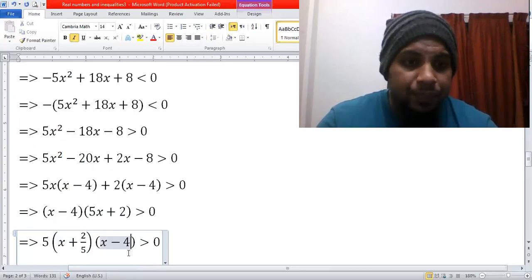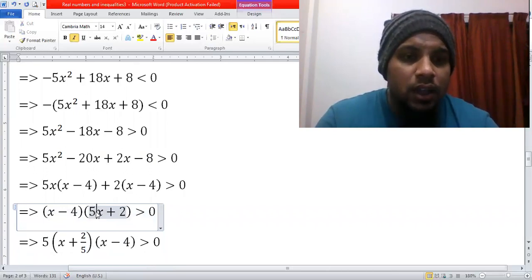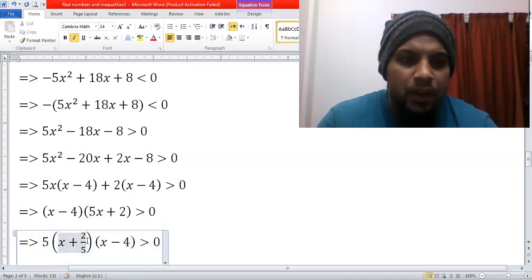And in our previous problem we also said that we cannot keep the coefficient of the variable. That's why we take 5 as a common factor, here x, and it becomes 2 by 5. As 2 is not divisible by 5, we have to take it like 2 by 5.